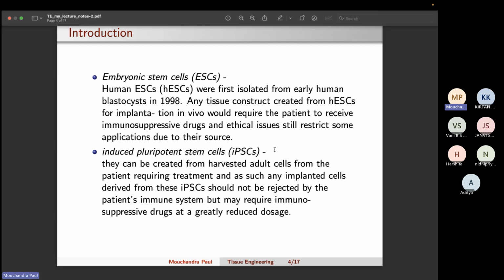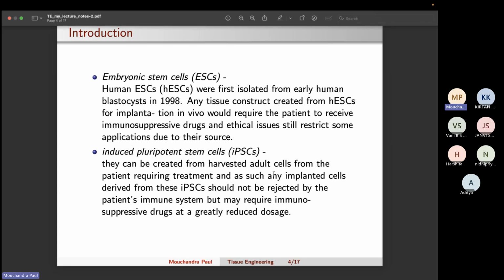Also, various kinds of ethical issues come up when they talk about the source of these stem cells. So you have to clear a lot of ethical issues, or discuss with regulatory authorities, before you can get the embryonic stem cells.